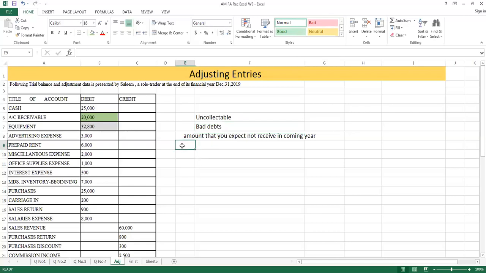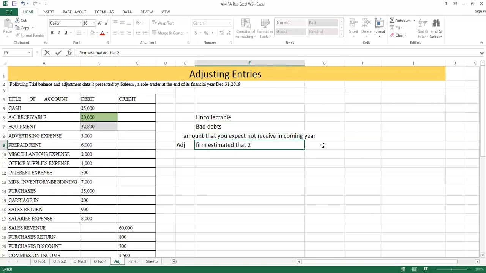Just assume that I give you an adjustment in which I say that the company estimated that 2% of account receivable might prove uncollectible.